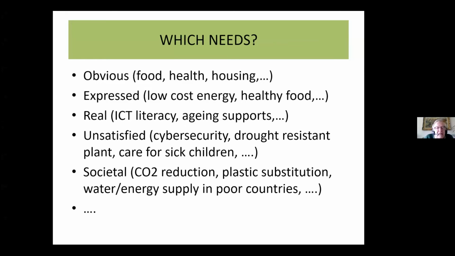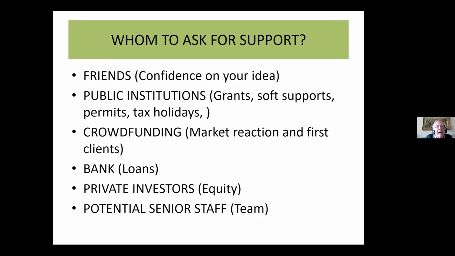And finally, there are societal needs. So people want CO2 reduction, plastic substitution, water and energy supply in poor countries, and nowadays even in Europe, they have also some problems. And of course, you can find your own needs.